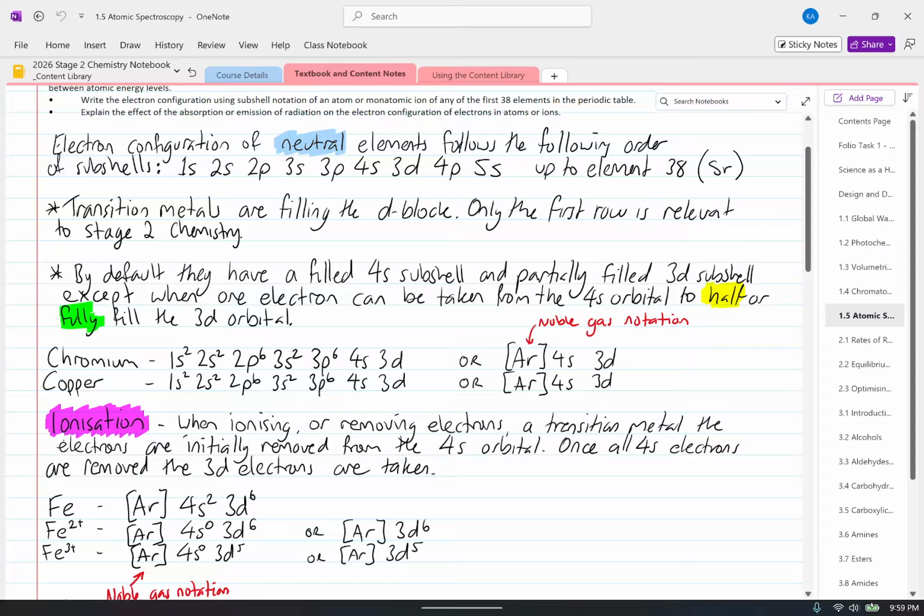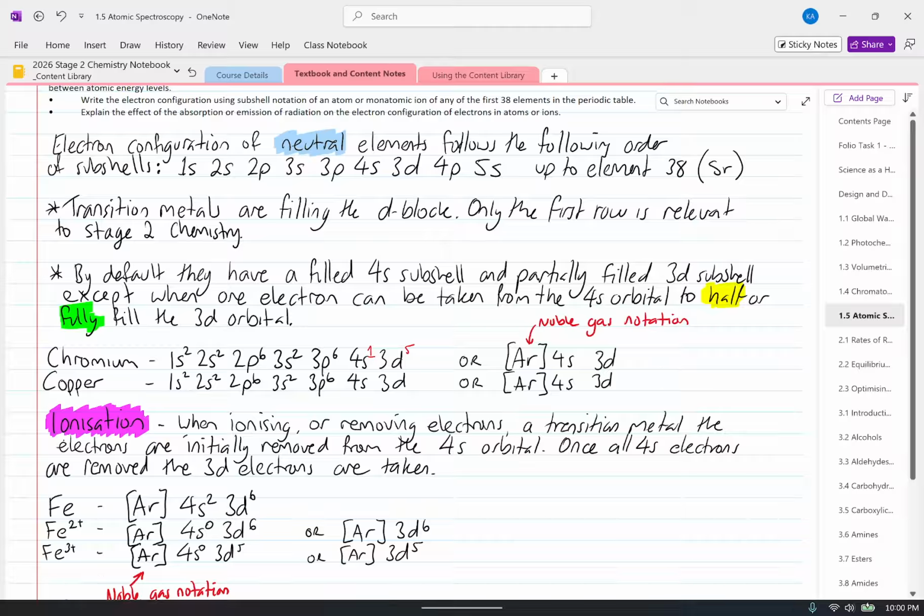So chromium has 1s2, 2s2, 2p6, 3s2, 3p6. Now, often it would have been 4s2 and 3d4, but instead you take one and make this 4s1 and 3d5.